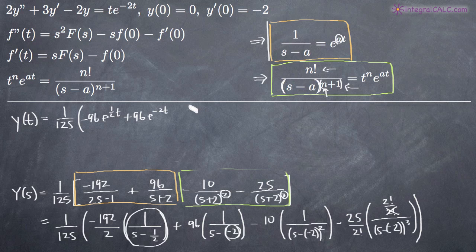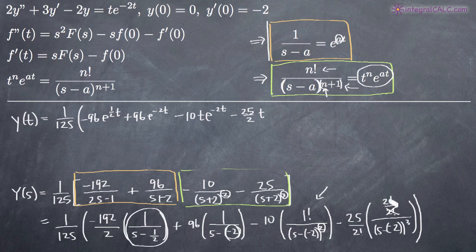Then our second formula, we're going to have minus 10, and notice that we're converting it into something that looks like this. So minus 10 times t, so we have t to the first power, which is just t, and then multiplied by e to the at. Well, we know that a is negative 2, so we have e to the negative 2t. And then for our last fraction, we'll have minus 25 over 2, and again here multiplied by t raised to the n power.